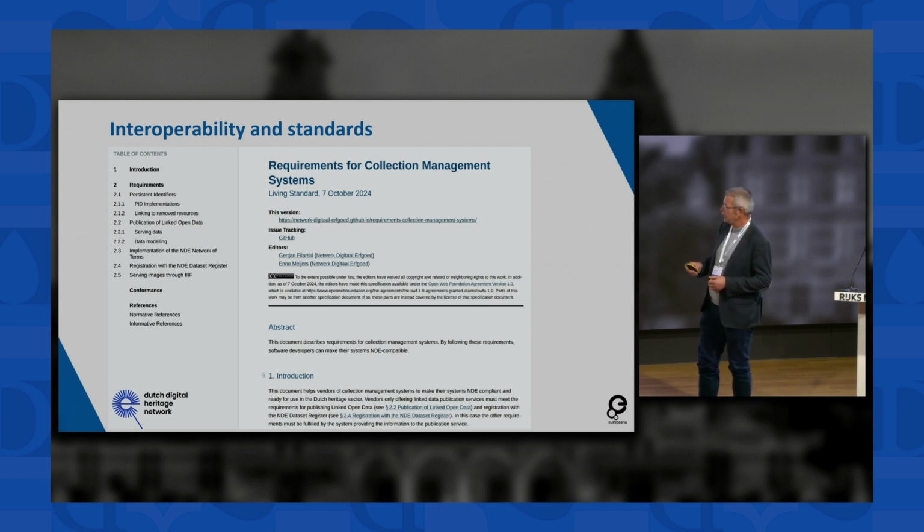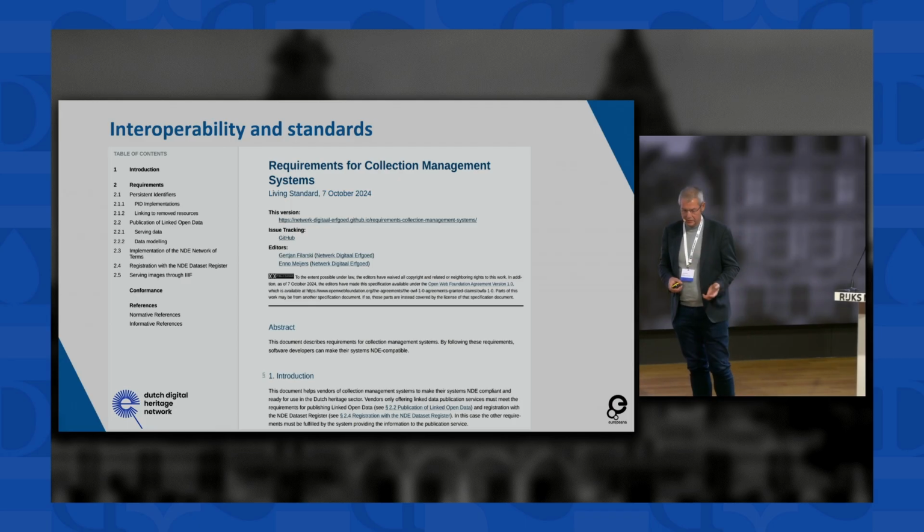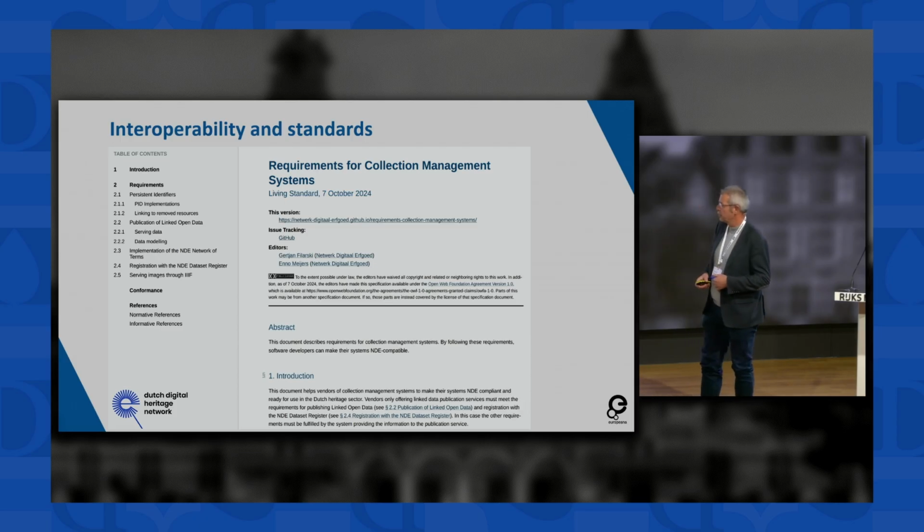And these are about how to approach the use of persistent identifiers, publication of linked data, registering the data that you have available in a central dataset register, using standardized vocabularies through connecting to the network of terms, and last but not least, support IIIF APIs for the image API and the presentation API that Antoine just mentioned.